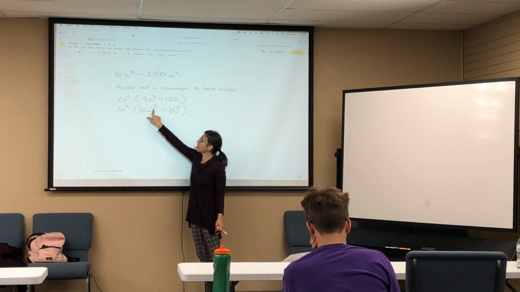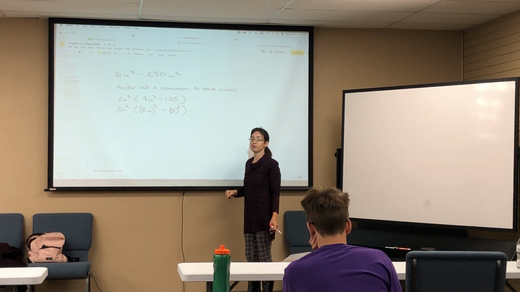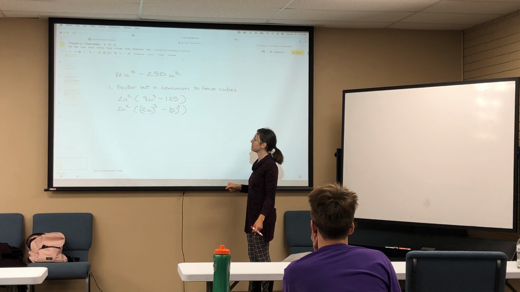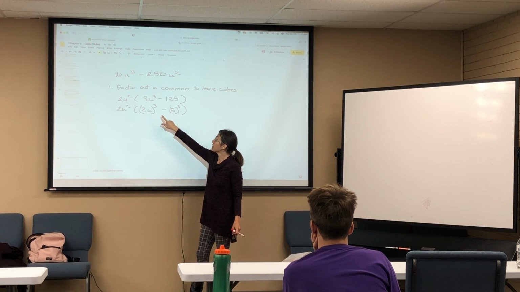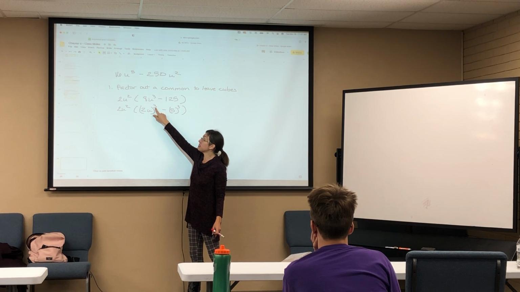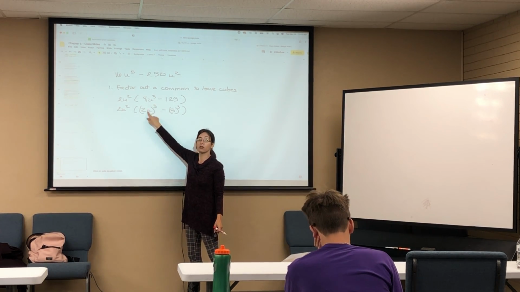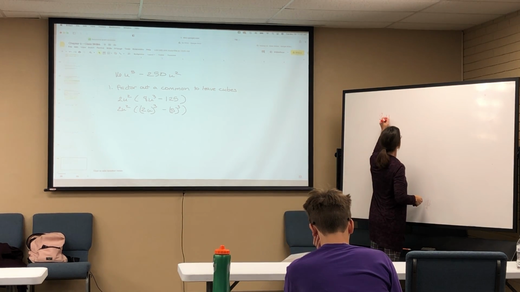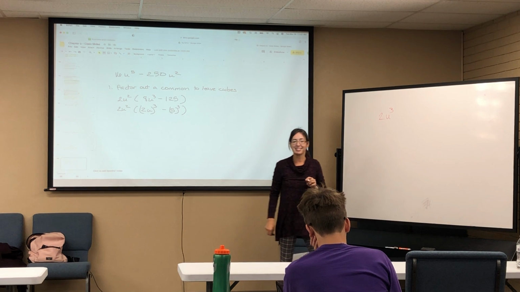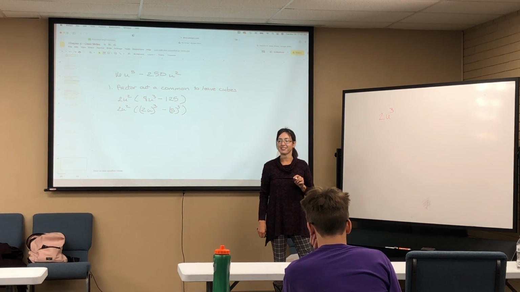Why did I put it inside of parentheses here? You can tell me why I put it in parentheses. To keep it all straight. To keep it straight, and because I need to distribute this exponent to both of them, correct? Because if I said 2u cubed, does that equal 8u cubed?